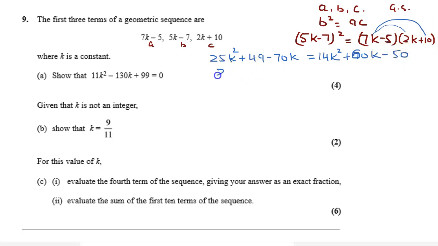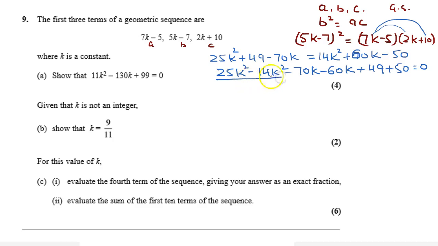So it is 25k square minus 14k square. We take it this side, then minus 70k, this plus 60k will become minus 130k, plus 49 minus 50 will become plus 99, is equal to 0.